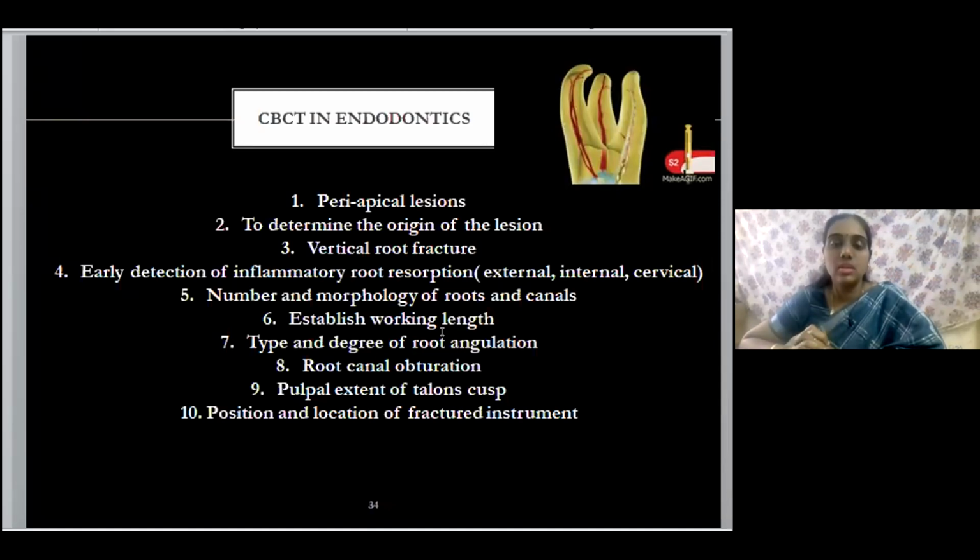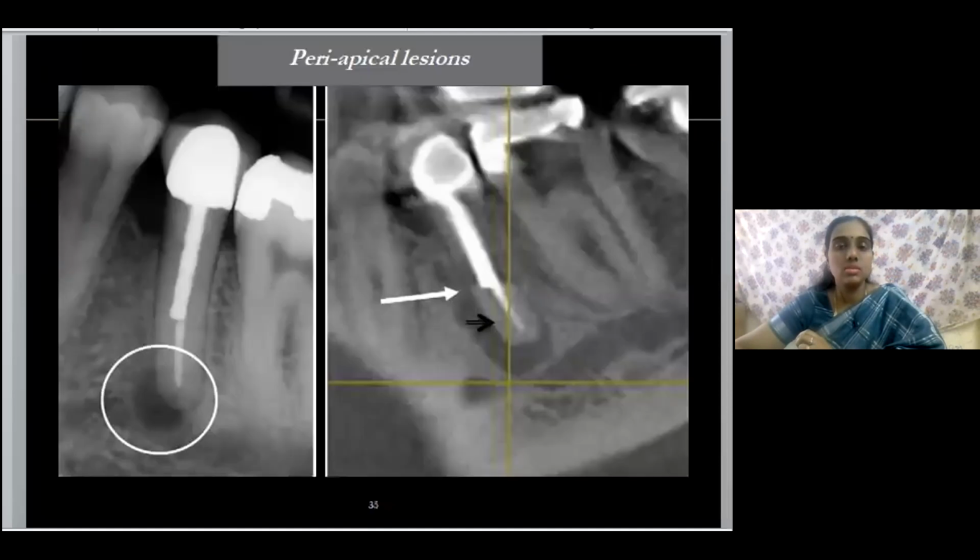So, to determine the origin of the lesion or vertical root fractures, to check for missed canals, to check the quality of the obturation, to check for vertical and horizontal root fractures, working length measurements, root resorptions, and root angulations. These are some of the applications of CBCT in endodontics. So now I'll be showing you the cases.